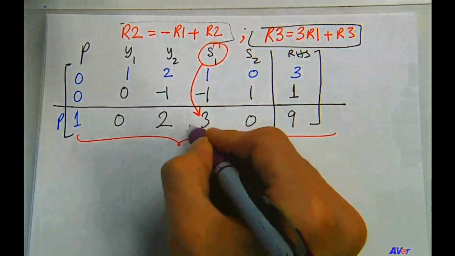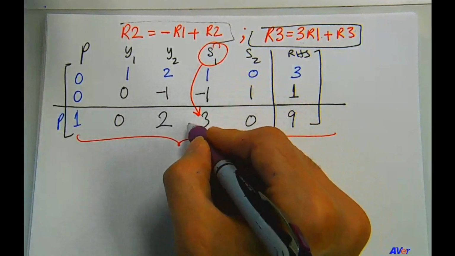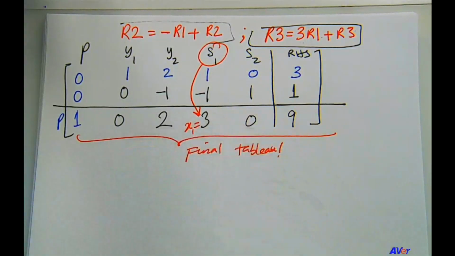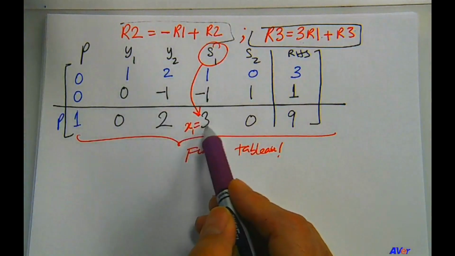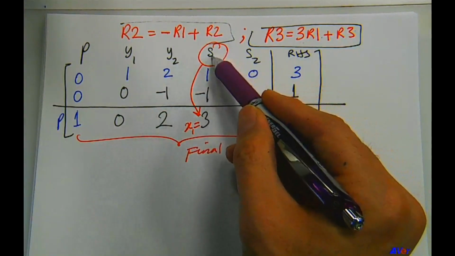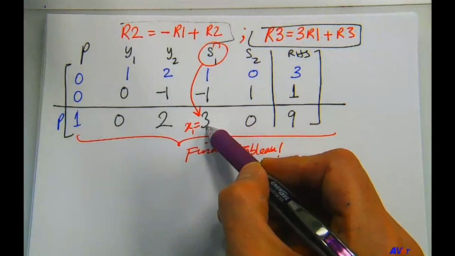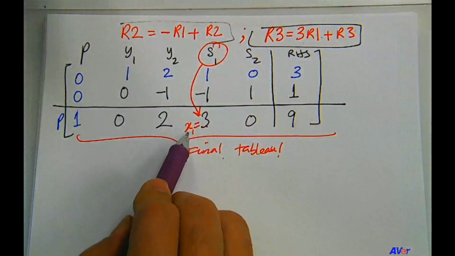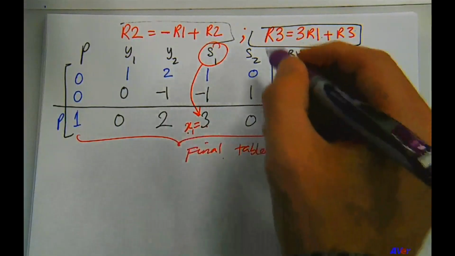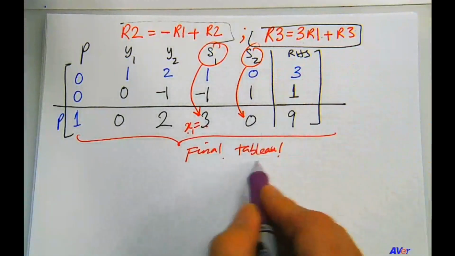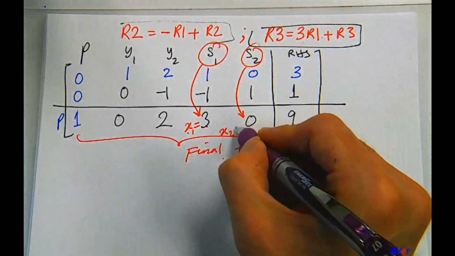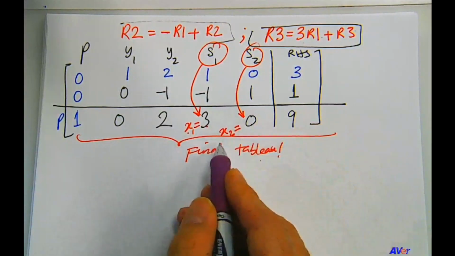The value of S1 in the objective row in the final tableau gives us the value of x1. The value of S2 in the objective row in the final tableau gives us the value of x2.